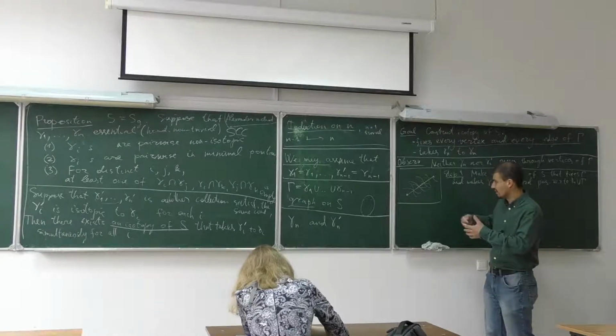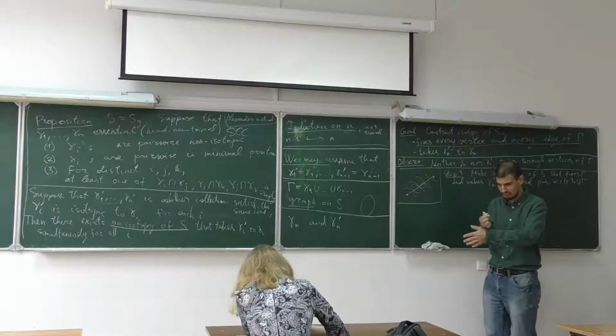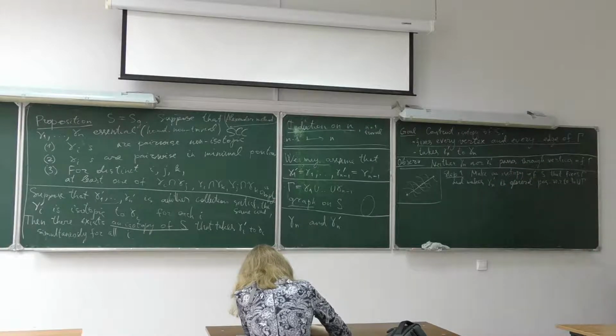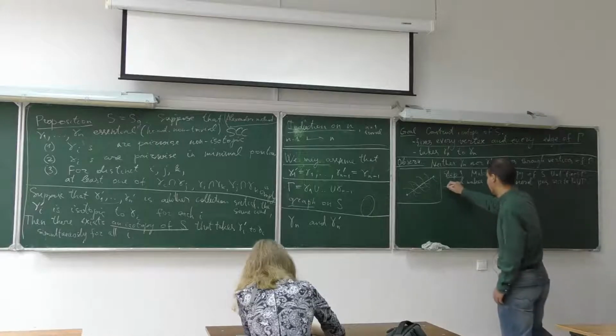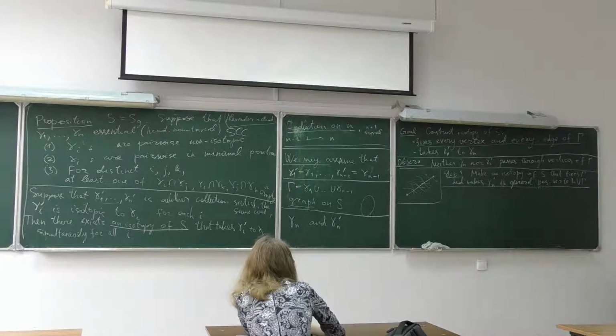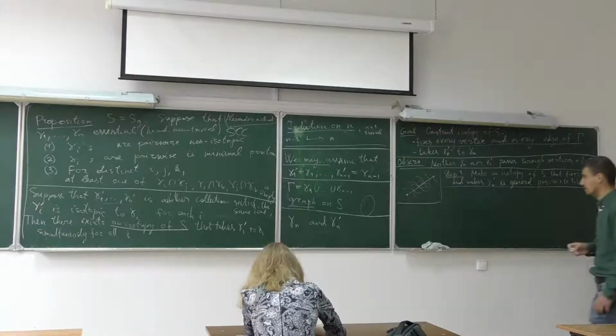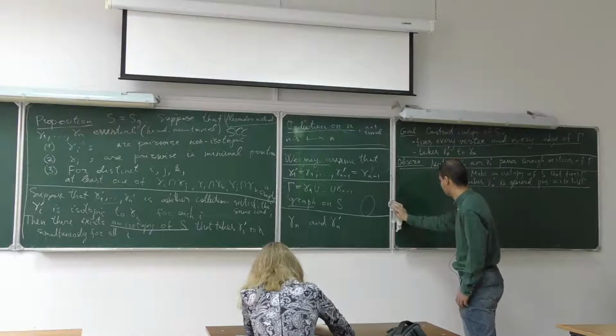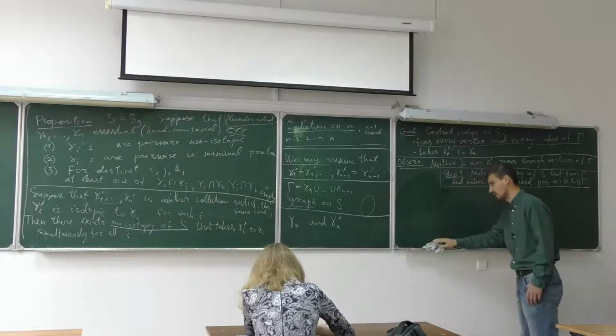And then outside we just put it in general position. Do not perturb gamma at all. So okay, this step is more or less obvious, and now we may assume that all these curves are in general position.